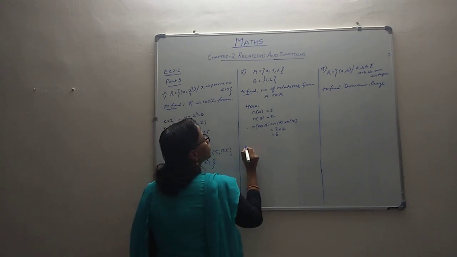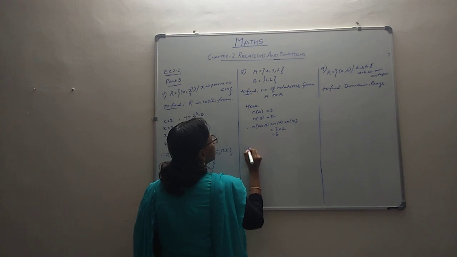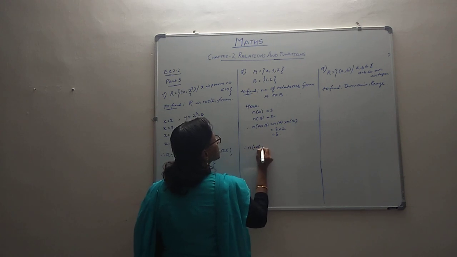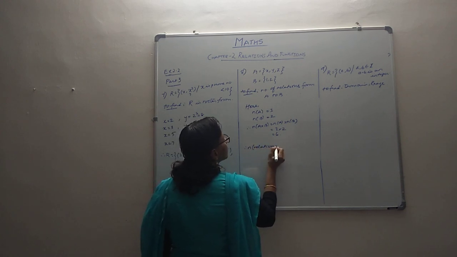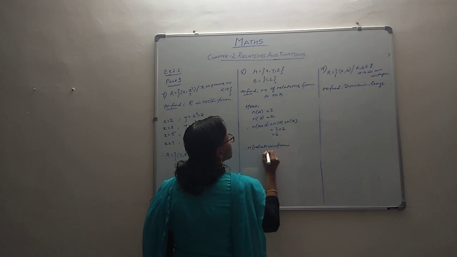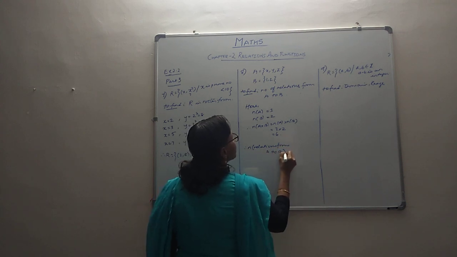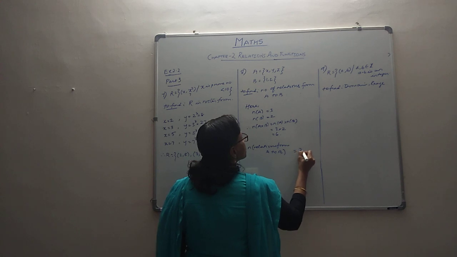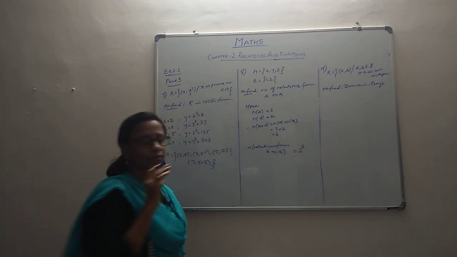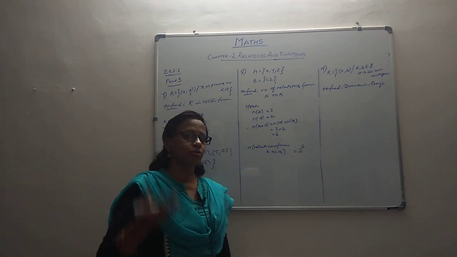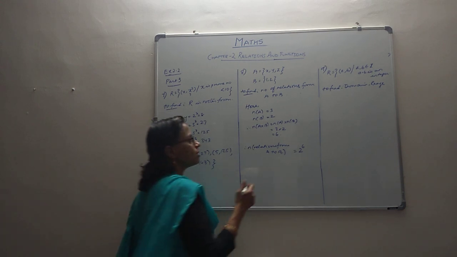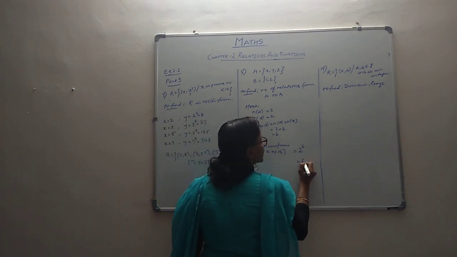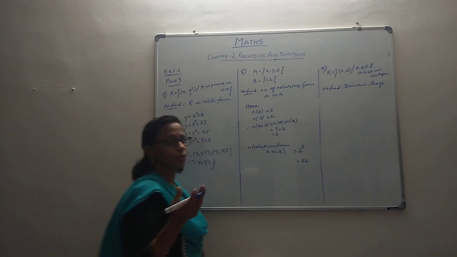So therefore the number of relations from A to B is always going to be 2 raised to 6. Whatever number of elements are there in the Cartesian product, 2 raised to that number is going to give you your number of relations, and that is going to be 64.